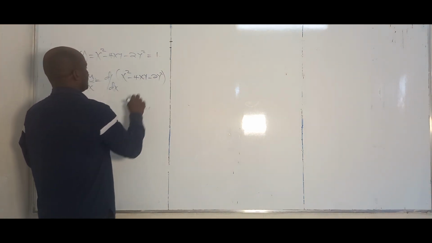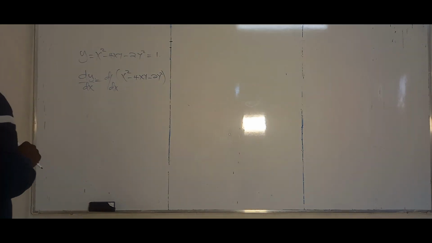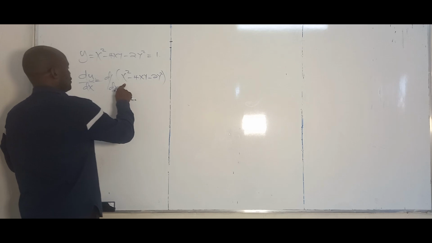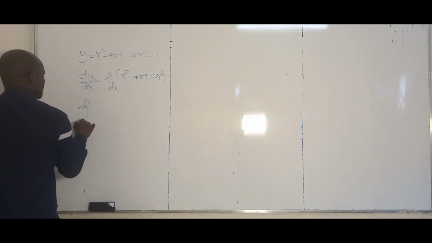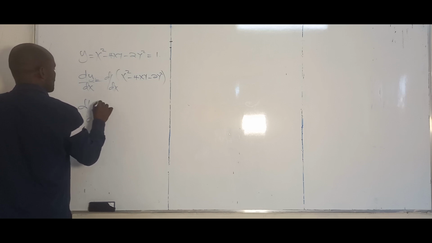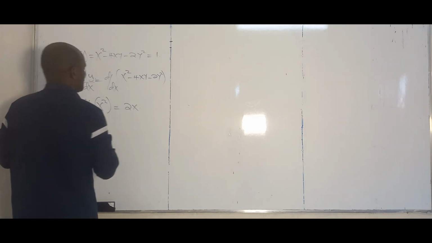Then the next step is finding the values. We can find this straight away, because d/dx of x squared will be 2x.